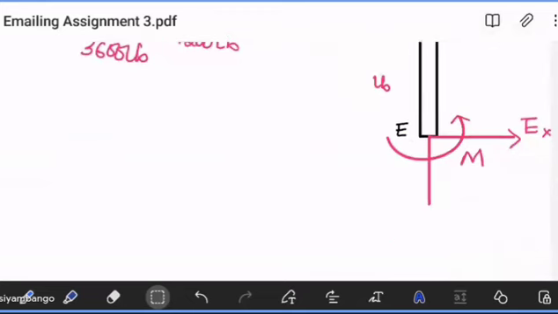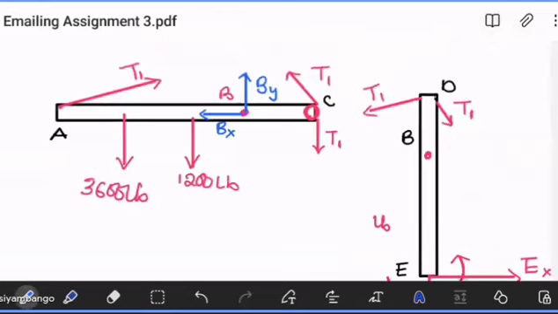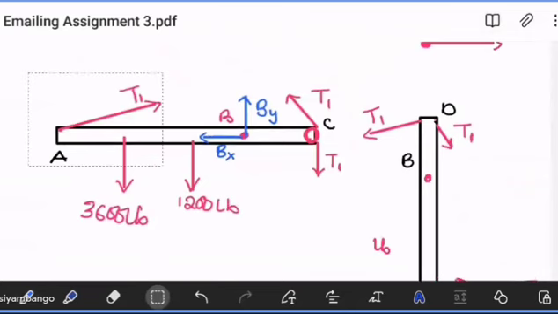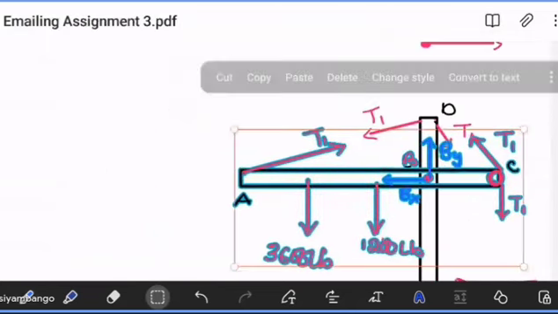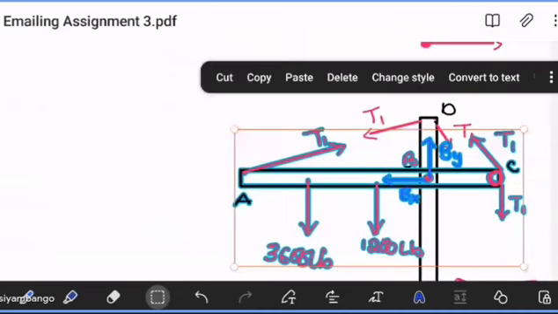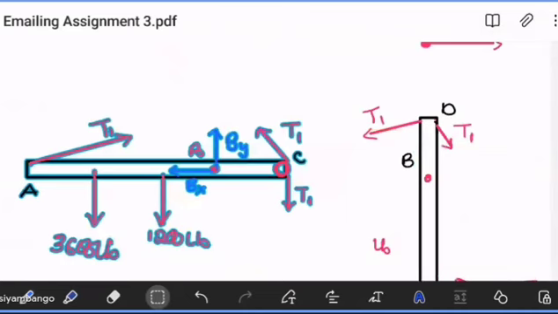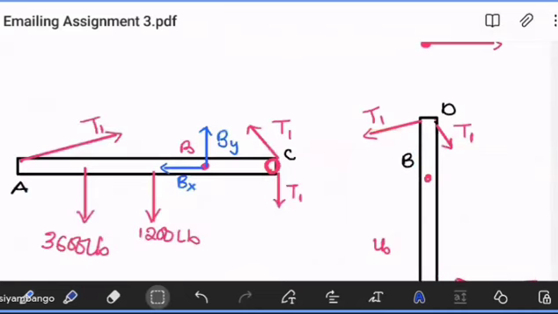What do I mean? When you bring these two pieces together, it has to be such that at that point B, the forces must still sum up to 0. So when you're now placing the reactions at point B here, this is a pin, but now we're looking at this pin on the member DBE.